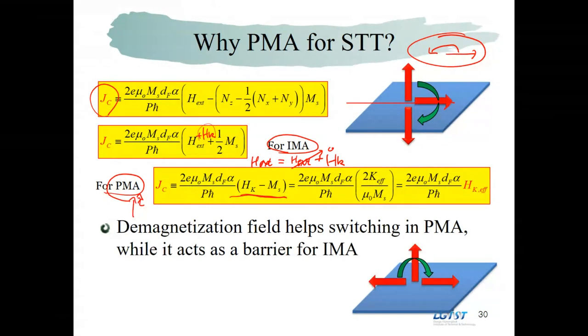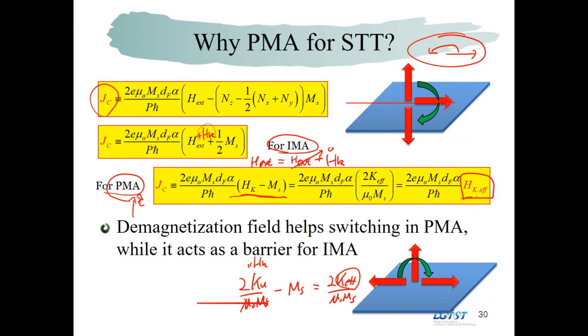Or this term can be, this is HK minus MX. So this is determined by this new variable K effective. So we can rewrite this form again, as HK effective.